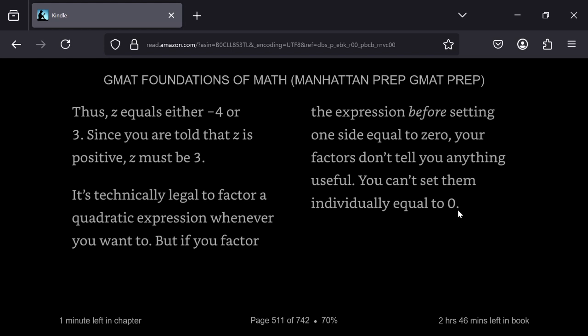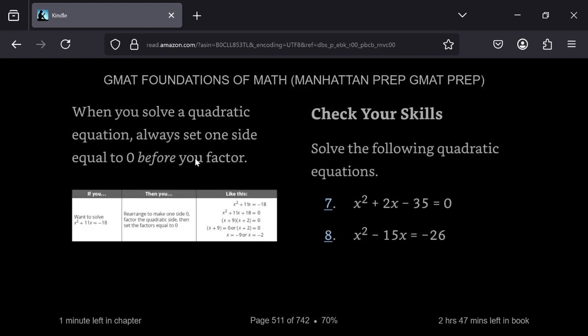Again, we need to set the right side to 0. When you solve a quadratic equation, always set one side equal to 0 before you factor. It could be the right side, or it says here the left side is also okay, as long as one side is equal to 0.